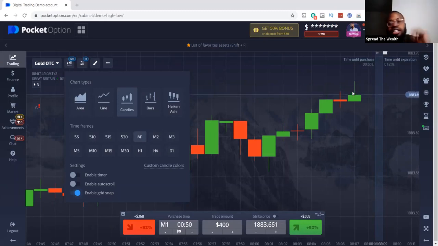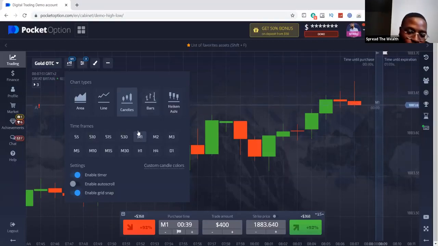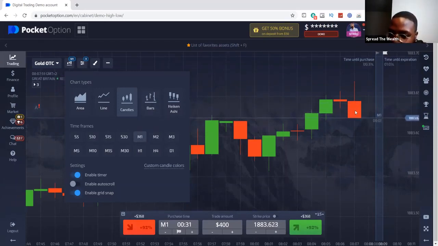Only thing I know is that it's going to end in a minute, but I don't know how many seconds it has left until it actually ends. So you always want to enable this timer. And then as you guys can see, if I'm on the 1 minute time frame here, it says M1, and I have 3 seconds left until this candle closes.